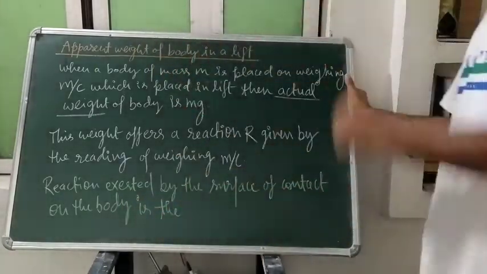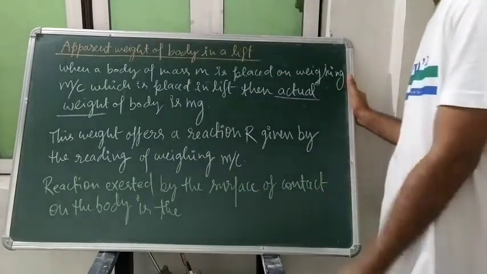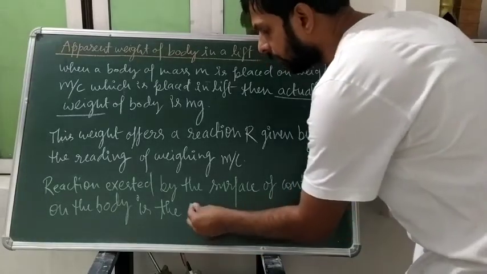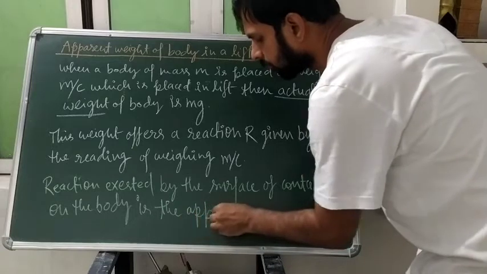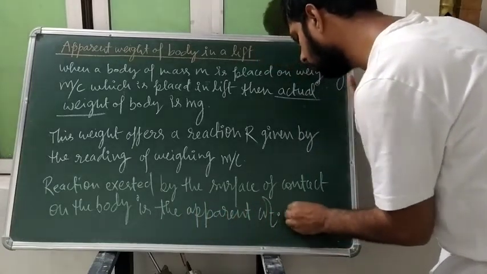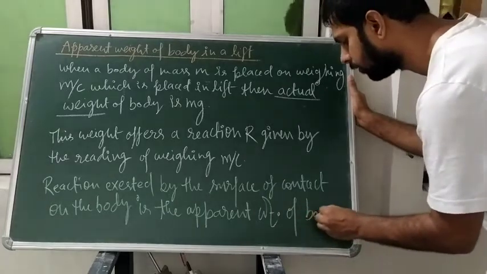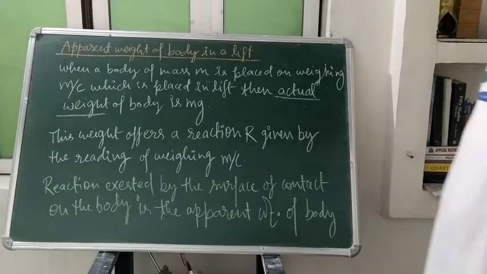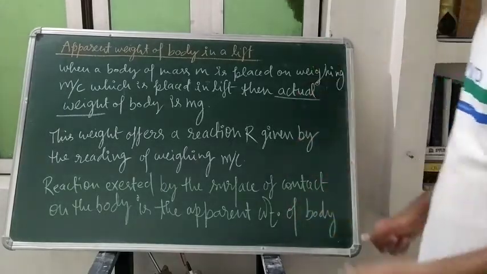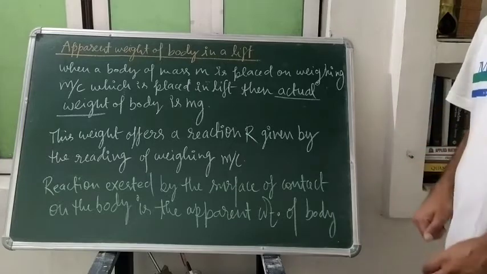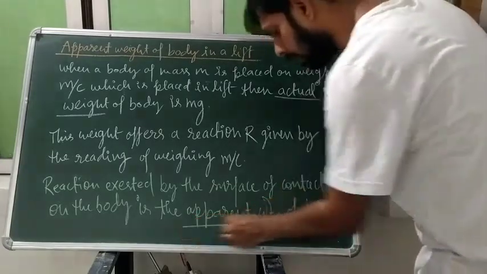The reaction offered by the contact surface will be the apparent weight of that body. In short, the reaction exerted by the contact surface on the body will be called your apparent weight.